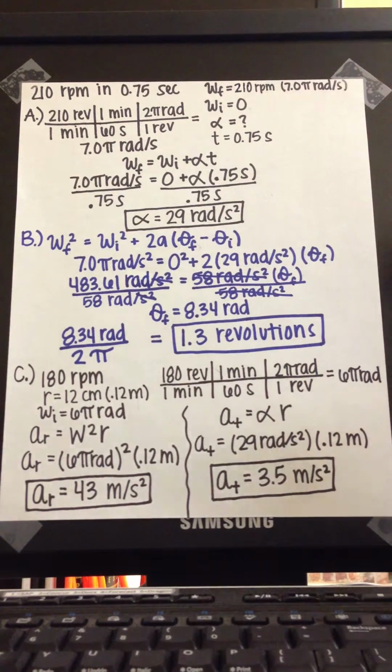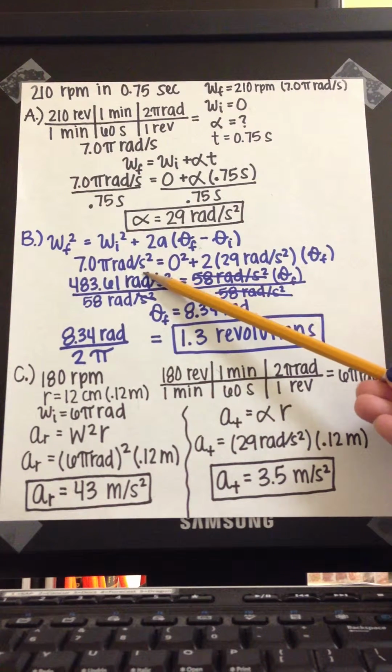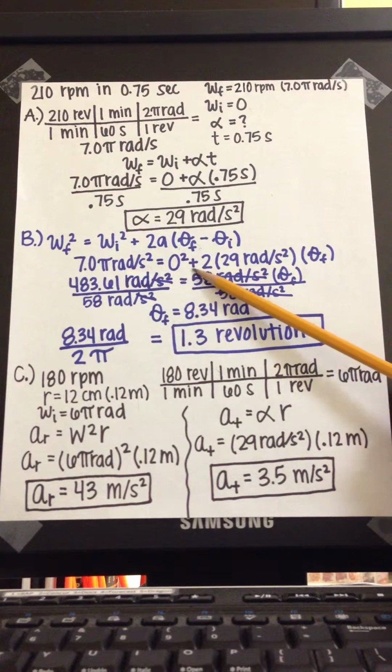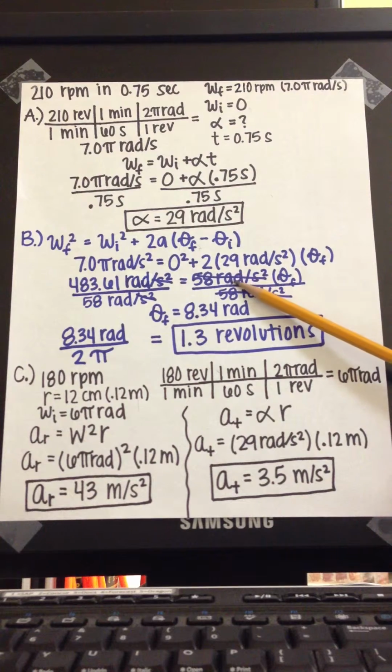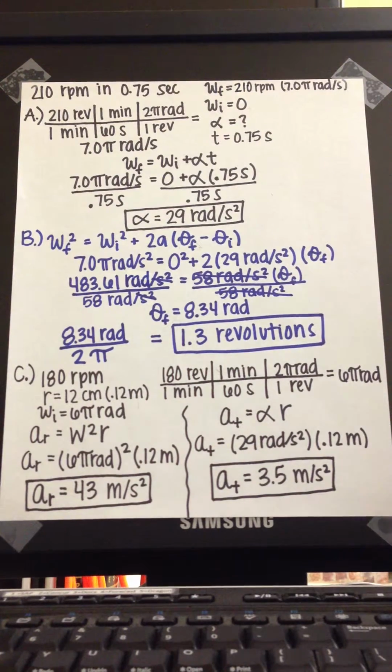You just plug in all your values again: (7 pi radians per second) squared equals 0 squared plus 2 times 29 radians per second squared times theta final. Then you solve for theta final, and you get that theta final equals 8.34 radians.